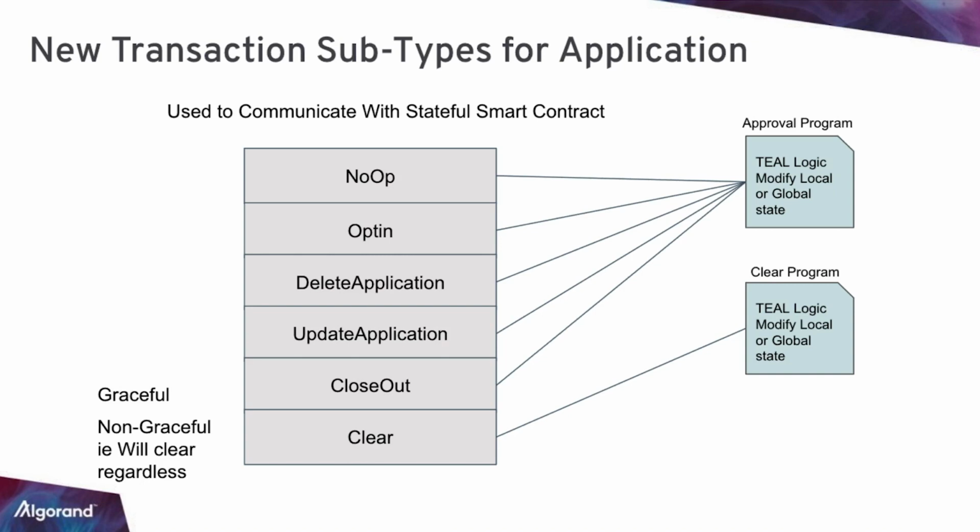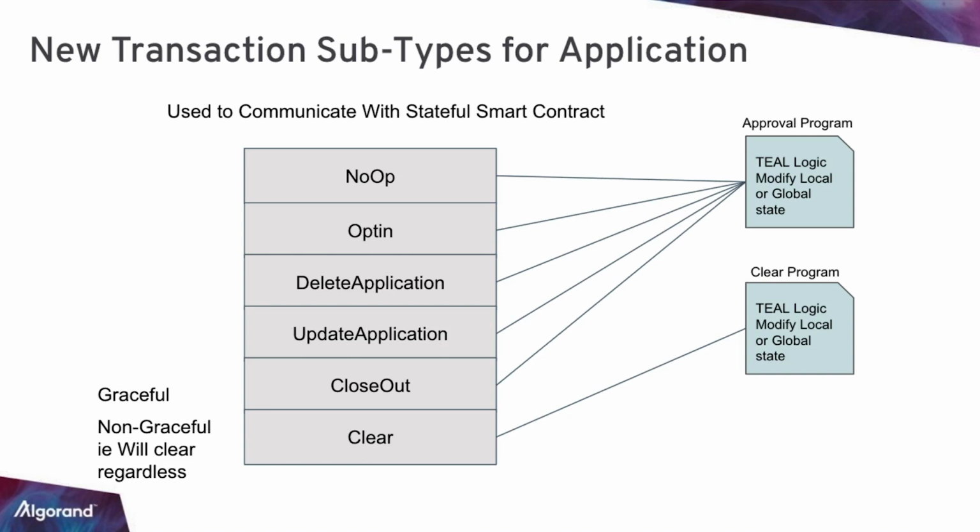This is a brute force, non-graceful way of exiting a Stateful Smart Contract. Generally the clear programs are very short and just essentially clear you out. The logic may fail, but the transaction will still clear your total participation out of that smart contract.